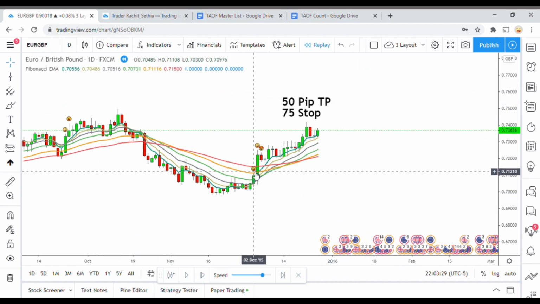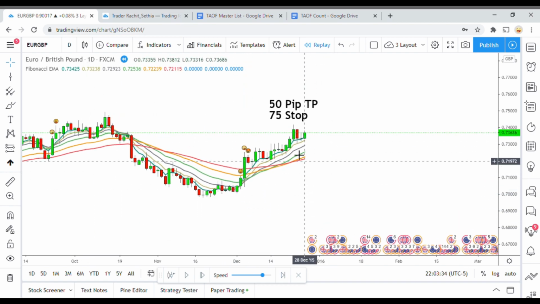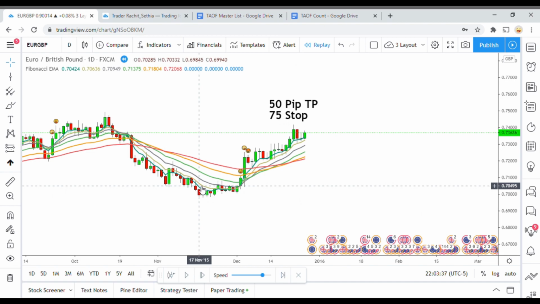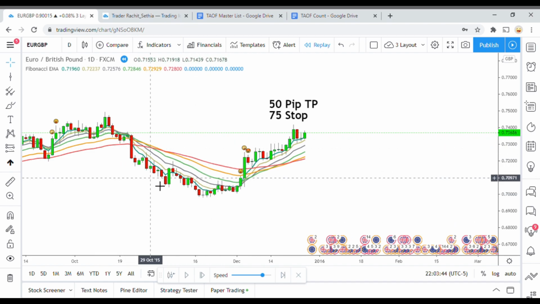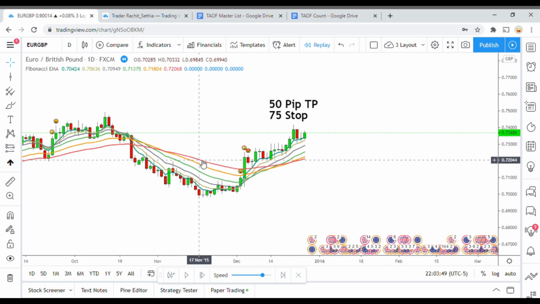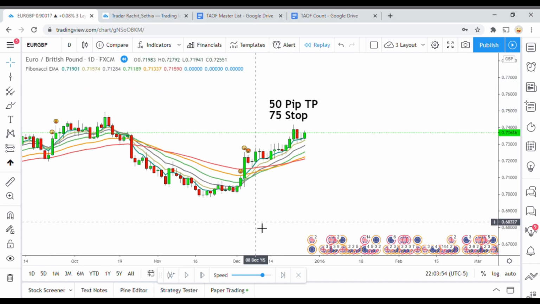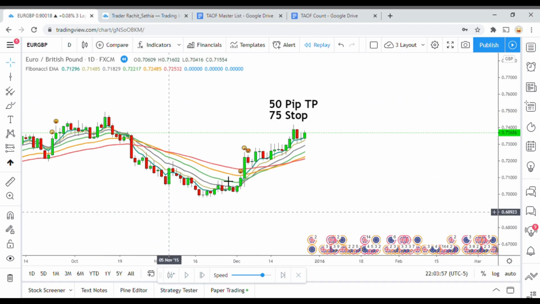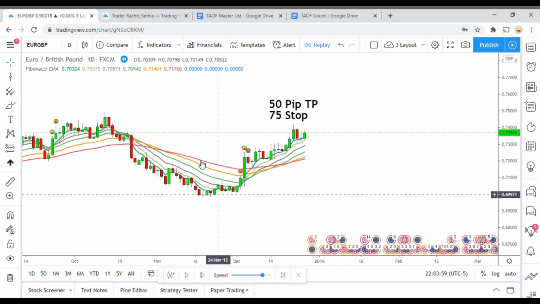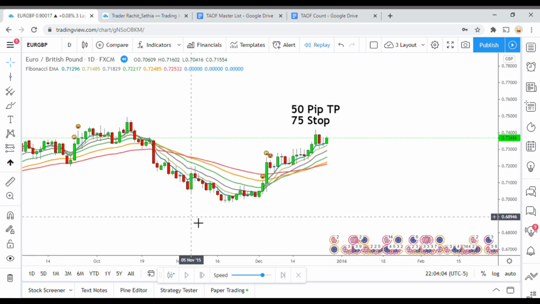I believe what the creator has done, and this is a TradingView member created indicator, so of course you can find a link to it down below in the description, is they have matched the period with some of the most popular Fibonacci levels. And so that would hence the name, the Fibonacci EMA.